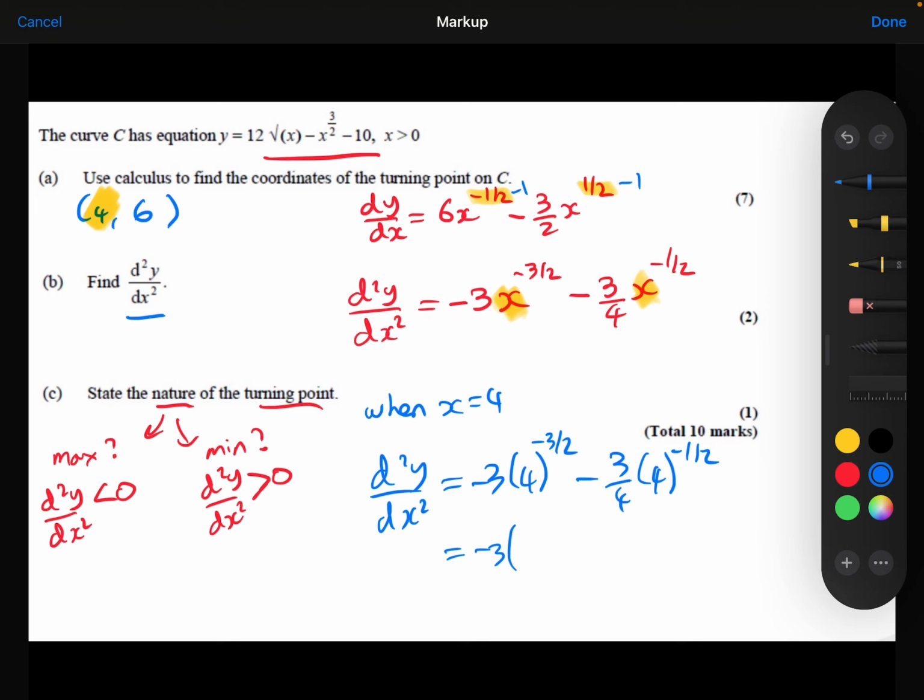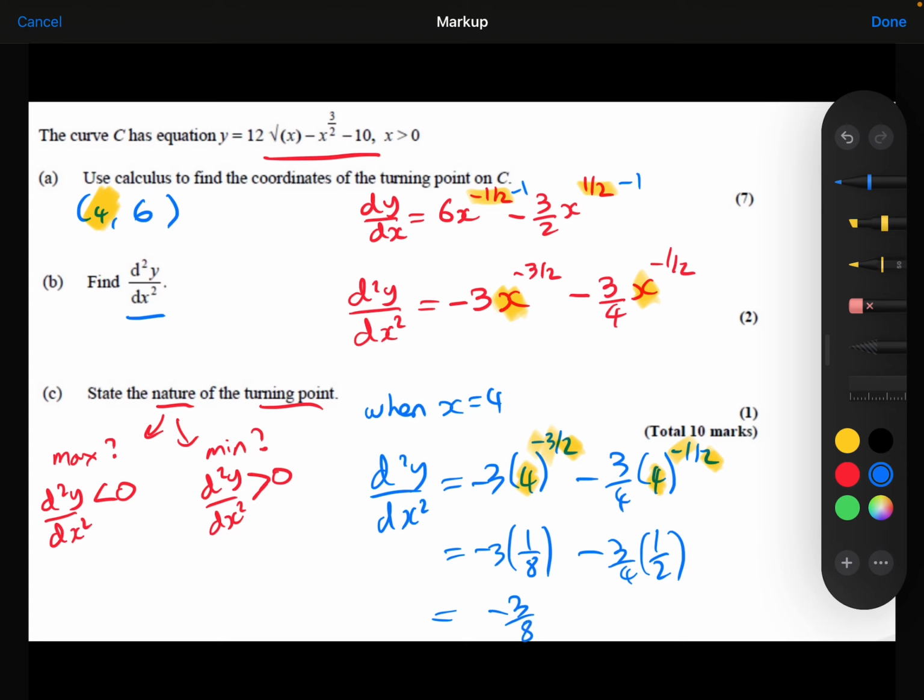So we get the 4 to the power of a half is 2, cubed is 8, to the power of minus 1 is 1 over 8. 4 to the power of a half is 2, to the power of minus 1 is 1 over 2.